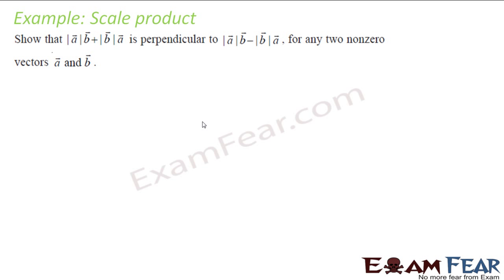We have to show that magnitude of A into B vector plus magnitude of B into A vector is perpendicular to magnitude of A into B vector minus magnitude of B into A vector, for any two non-zero vectors A and B. To prove this, let this vector be P vector and let this be Q vector.